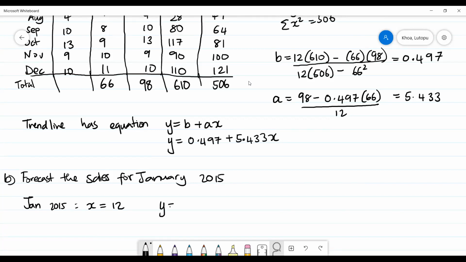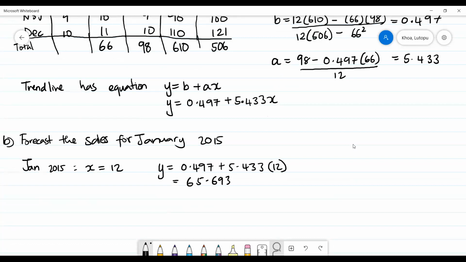So we have Y is equal to 0.497 plus 5.433, and then we multiply this by 12. You would just type this in on your calculator: 0.497 plus 5.433 times 12, and we get 65.693. Remember, this is in thousands.